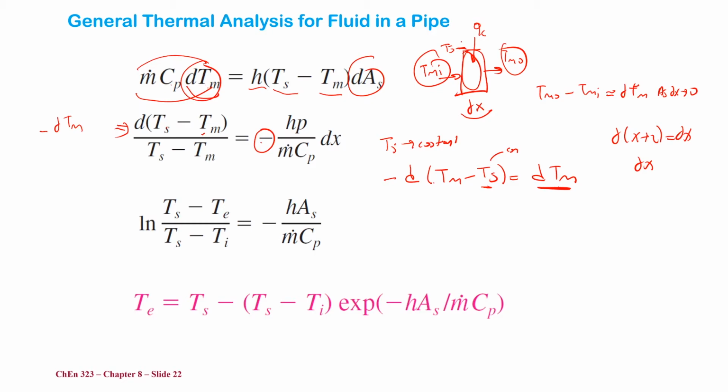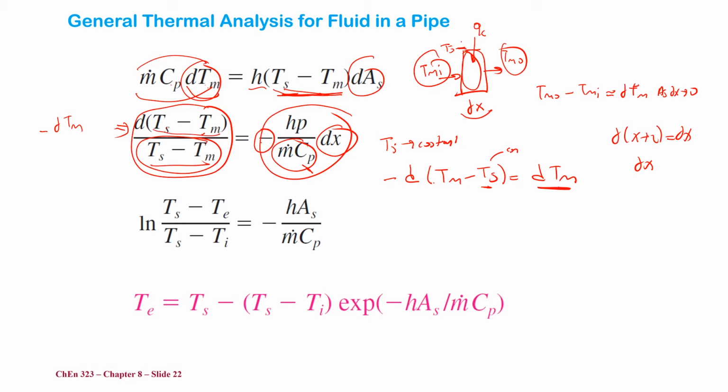And then we have m cp, I pull them down here, and Ts minus Tm in the denominator. So I collected the temperature terms on one side, position term on the other side. And then you can integrate both sides, okay?